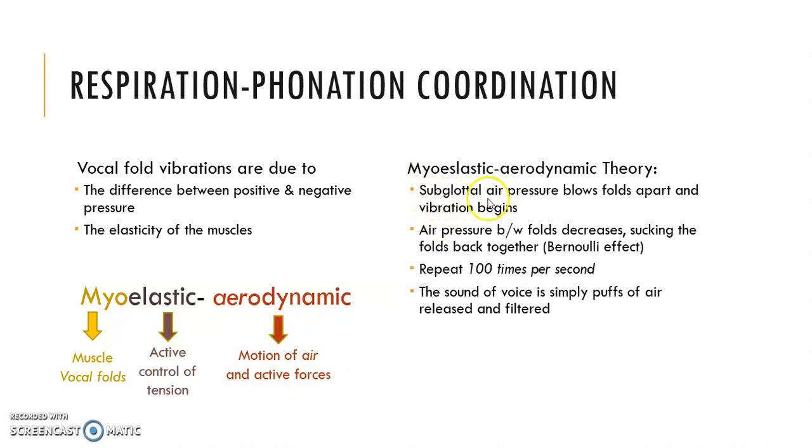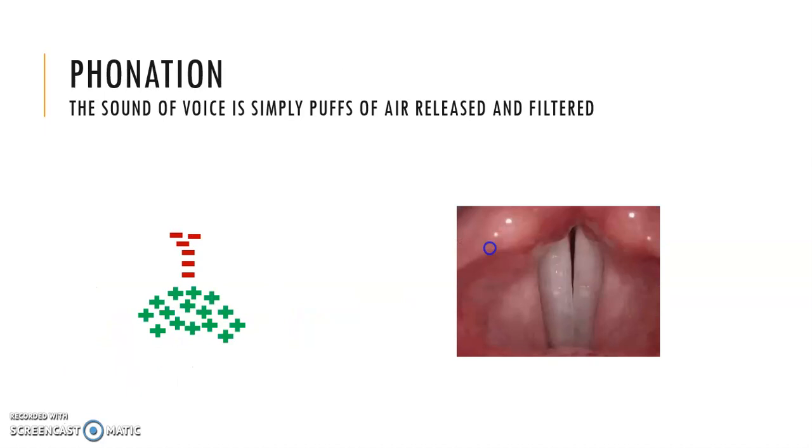So for the subglottic air pressure that blows the vocal folds apart, it causes vibration to begin. And then the air pressure between the vocal folds decreases, sucking the vocal folds back together, causing the Bernoulli effect. And this repeats over and over and over again 100 times per second, which means that sound is essentially just puffs of air released and filtered.